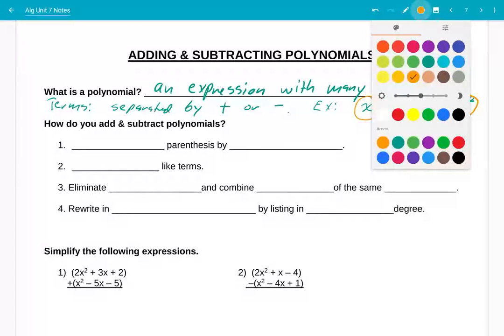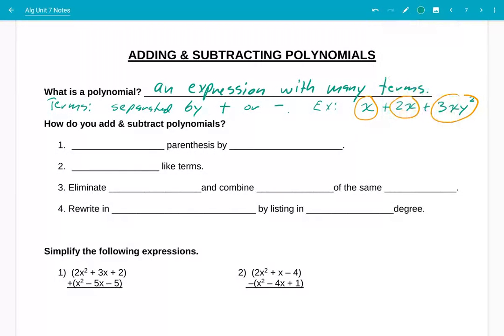So let's go back to this. How do you add and subtract polynomials? Well, you eliminate parentheses by distribution, just like you've done in the past. You see parentheses, you distribute what's on the outside to the stuff that's on the inside, and then you combine like terms. This is really all we're doing today, combining like terms.